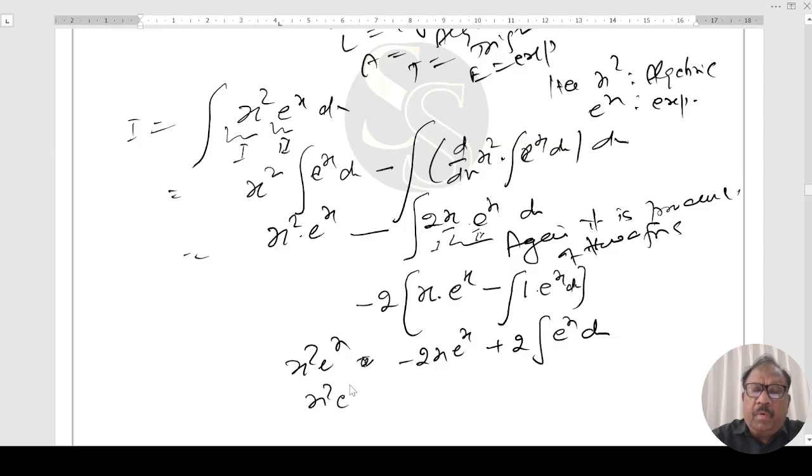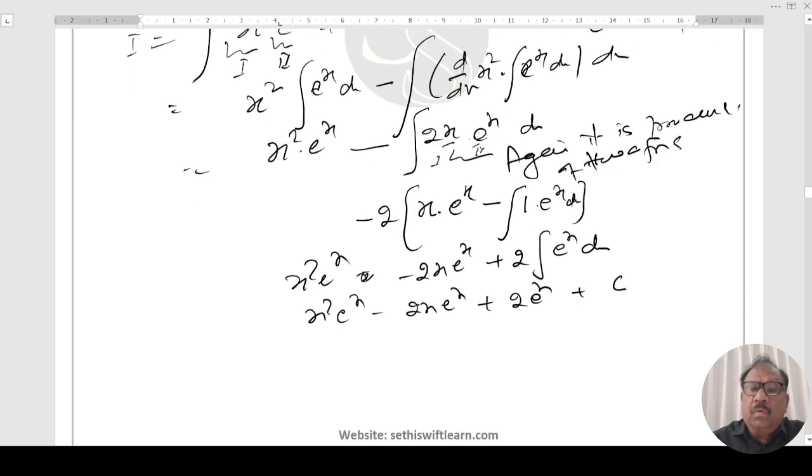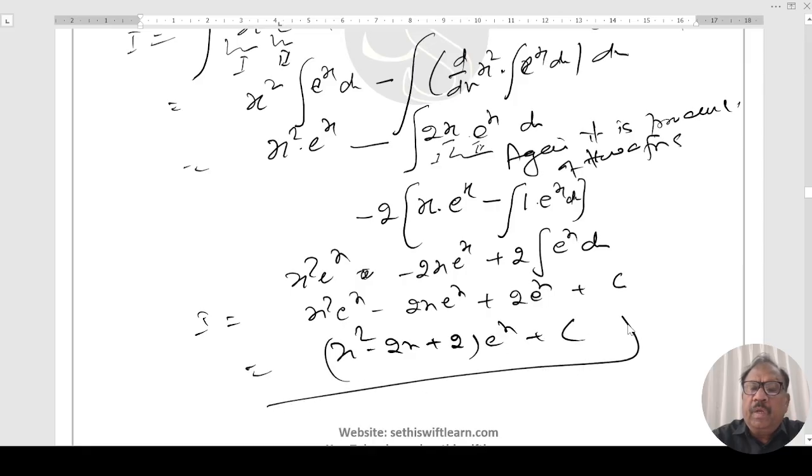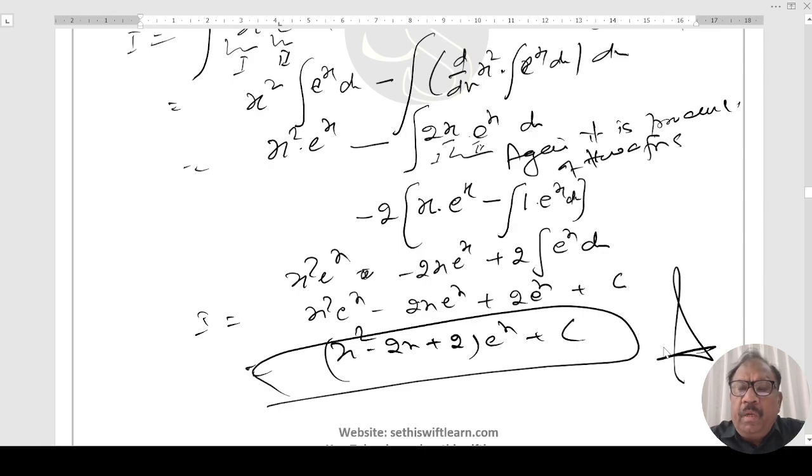So x square e to the power x minus 2x e to the power x plus 2 e to the power x plus c. So the answer will be x square minus 2x plus 2, into e to the power x, plus c. Finally, this is the answer. In this case, we applied the product formula two times, right? Next question.